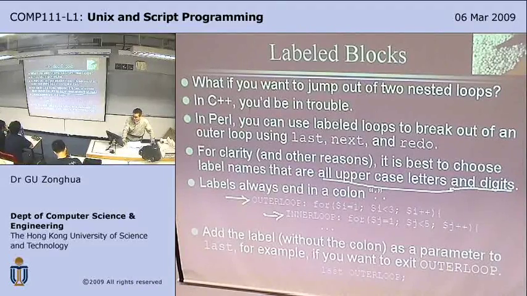Add the label as a parameter to the last without the colon. If you want to exit the outer loop, you do last followed by OUTERLOOP. So it'll look up which is the outer loop based on the label and decide where to jump to.